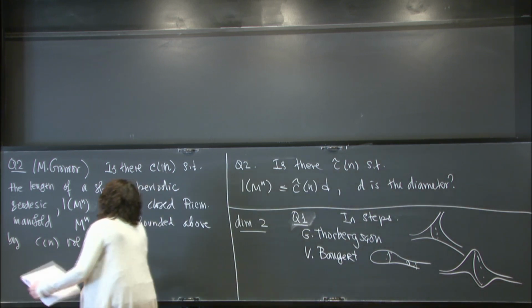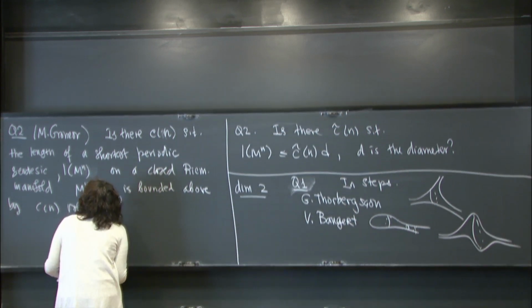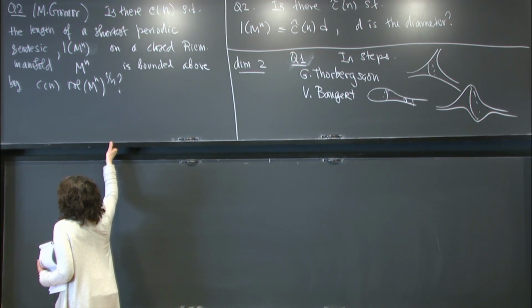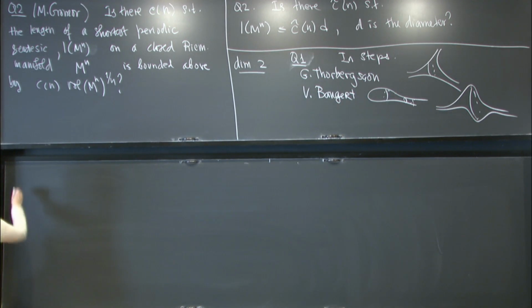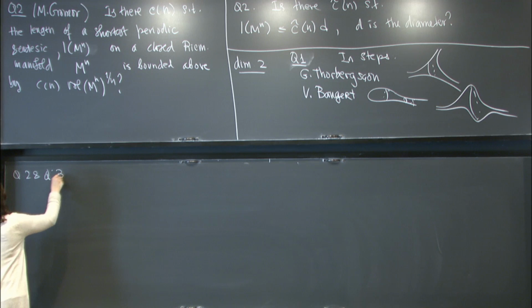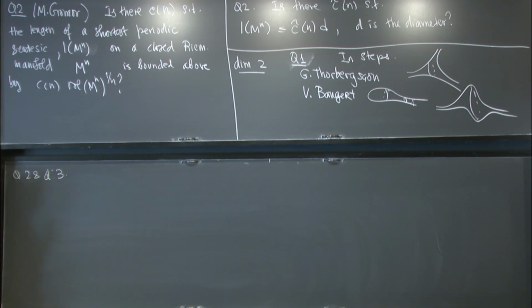Now, questions 2 and 3 are also quite a bit easier in dimension 2. So if a manifold is not simply connected, then the length of a shortest periodic geodesic is bounded by twice the diameter. That's actually a very easy fact that I'm not going to dwell too much on.